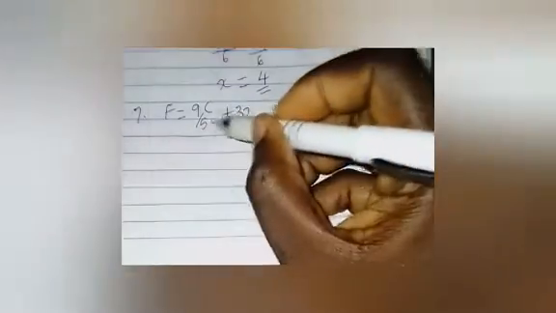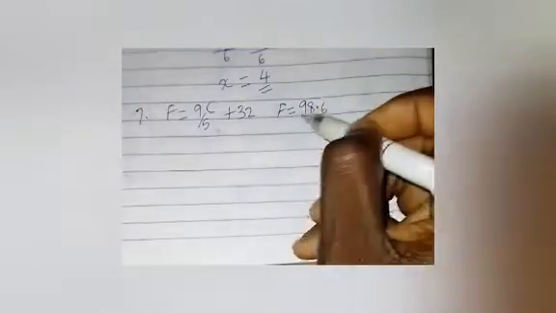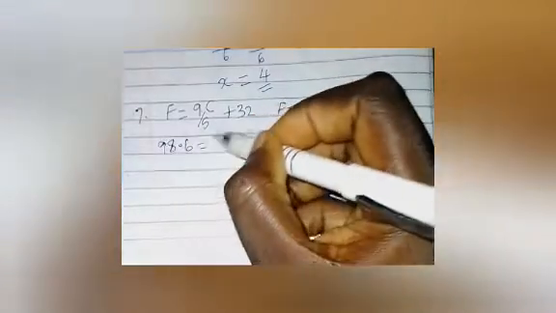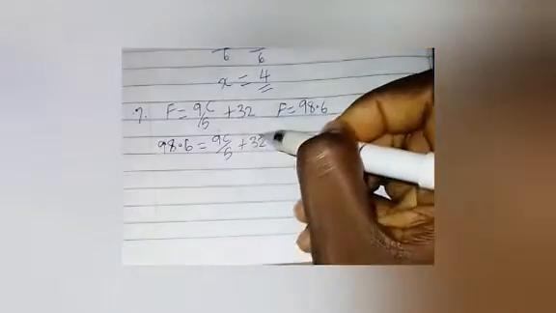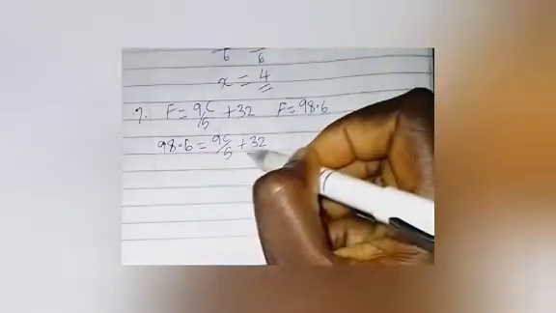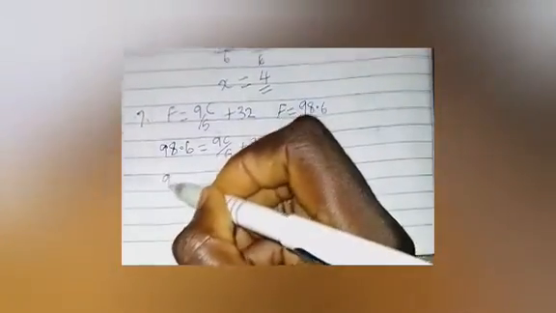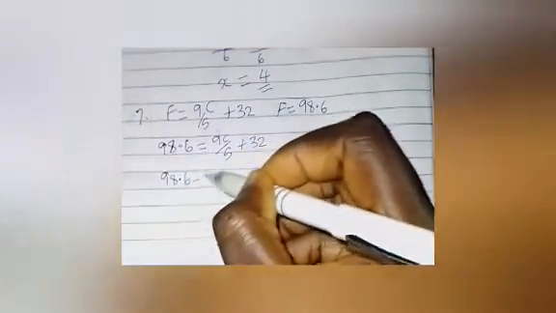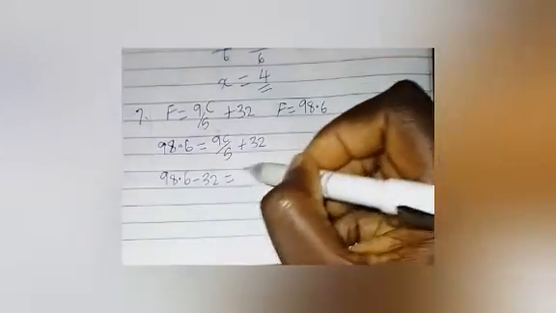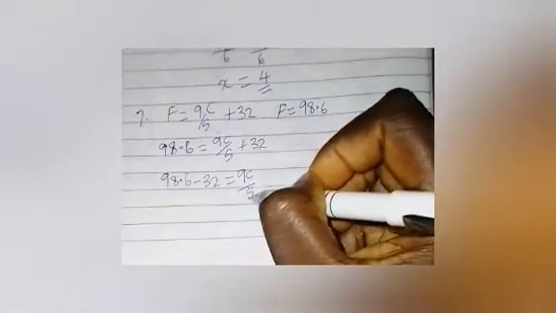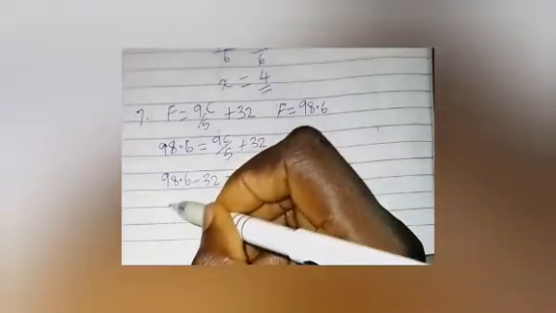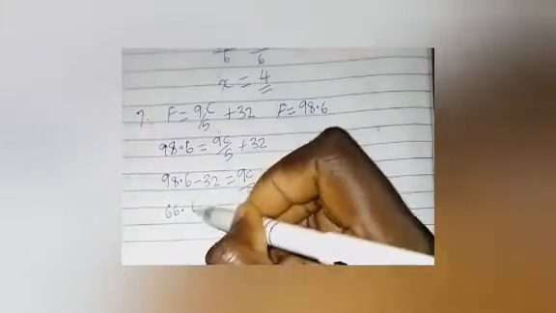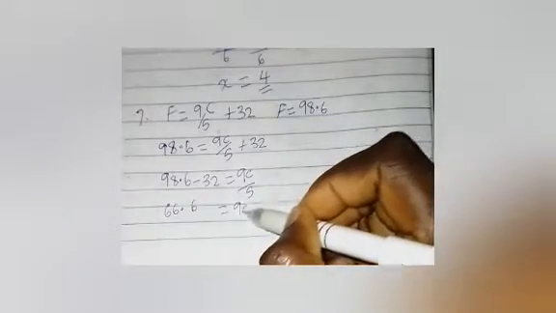We are going to look for the value of C, so we substitute 98.6 for F. 98.6 is equal to 9C over 5 plus 32. Then plus 32 crosses the equal sign to become minus. 98.6 minus 32 is equal to 9C over 5. When you subtract them, you get 66.6 is equal to 9C over 5.